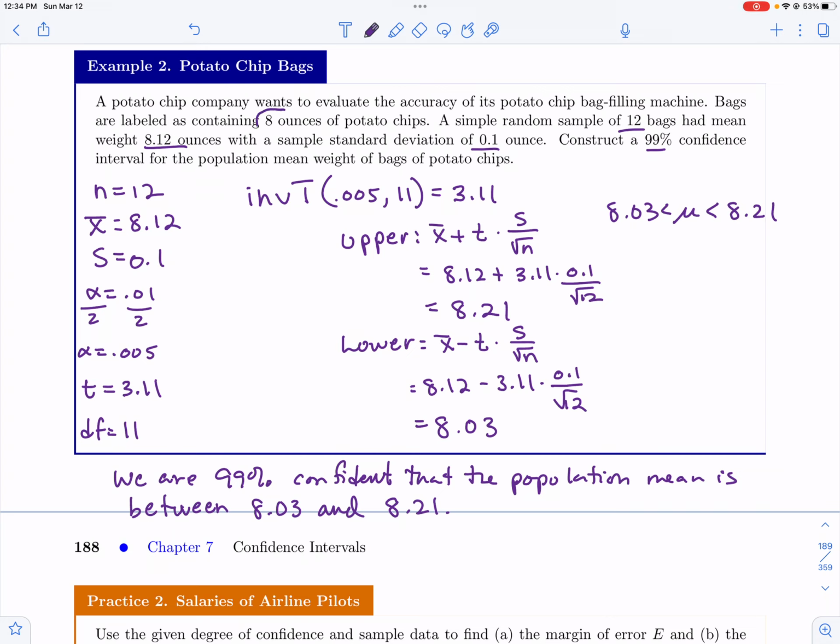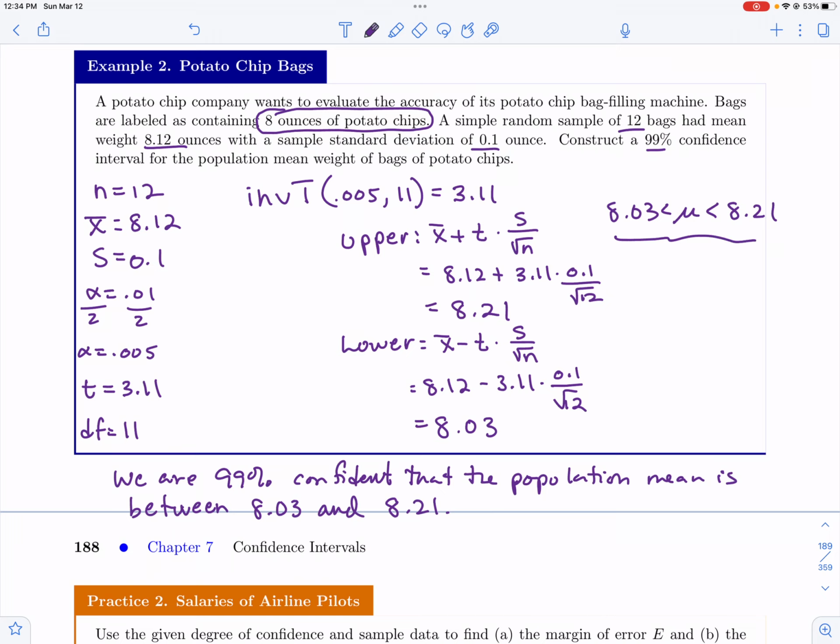And so does it seem reasonable that 8 ounces is actually the population mean? Well, according to this, it's actually a little bit lower than our confidence interval. It's good for us because it looks like we're getting more than what the company actually claims.